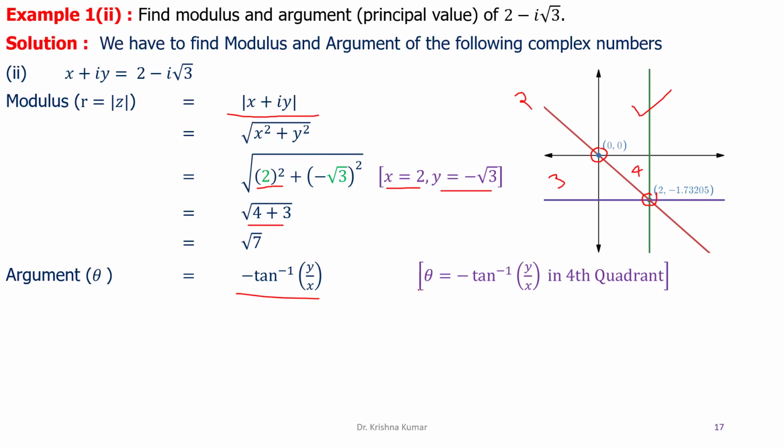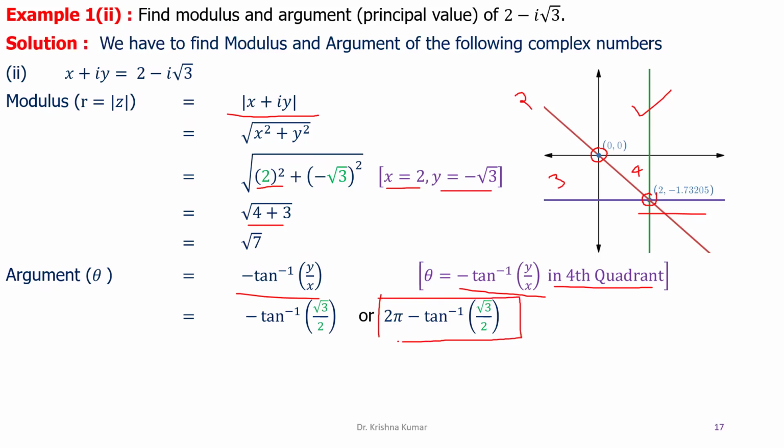The argument theta is given by minus tan inverse of y by x, because the number lies in the fourth quadrant. Hence, it is minus tan inverse of root 3 by 2. Sometimes we can also write it in the fourth quadrant as 2 pi minus tan inverse of root 3 by 2.